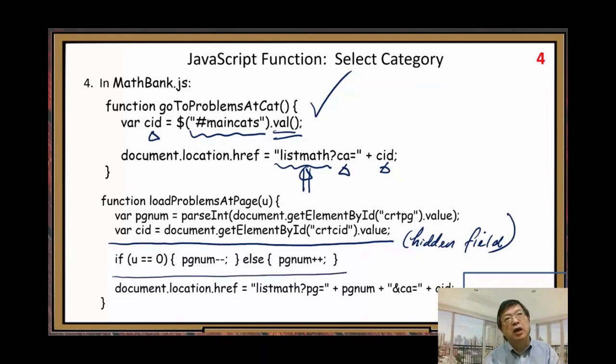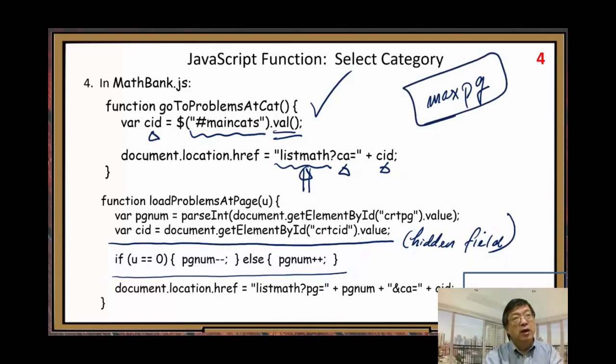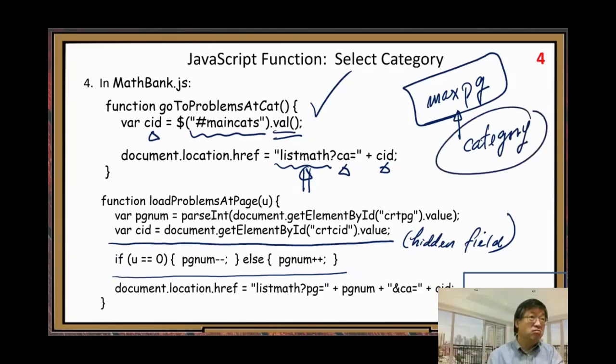Oh, I noticed one thing I forgot to update. What's that? The max page number. Because we need a version of the max page number for the selected category. Otherwise, we get out of the range. But in the current code, I didn't do that.